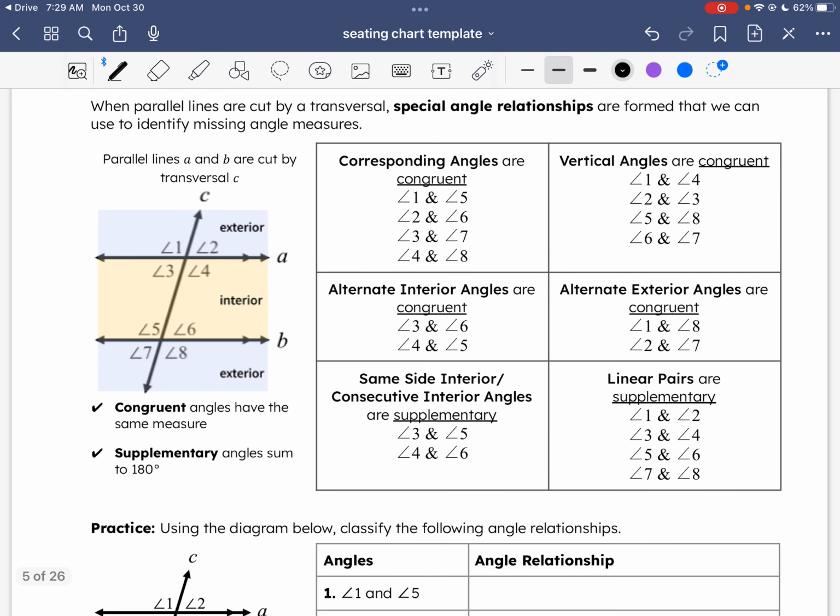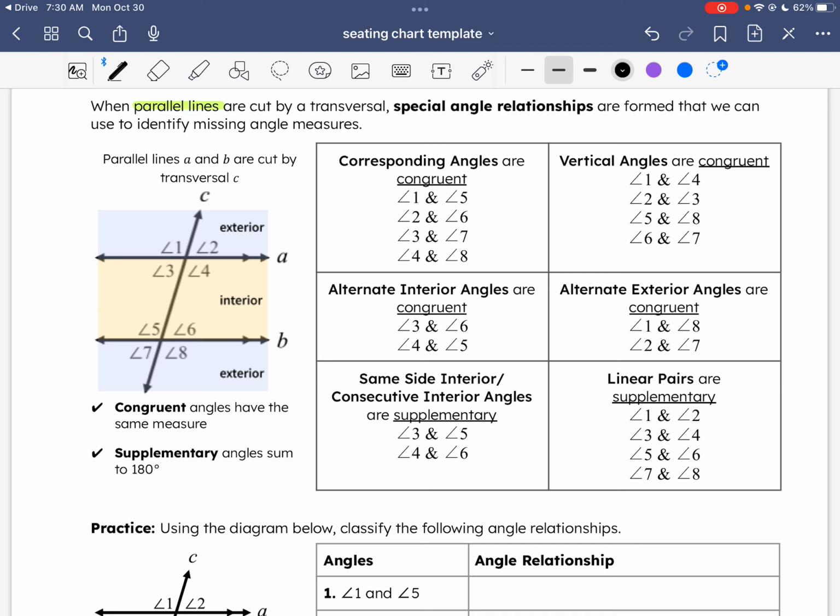When we have parallel lines cut by a transversal, which means just any other line, there are special angle relationships that are formed, and we can use those relationships to find any of the missing angles in the transversal.